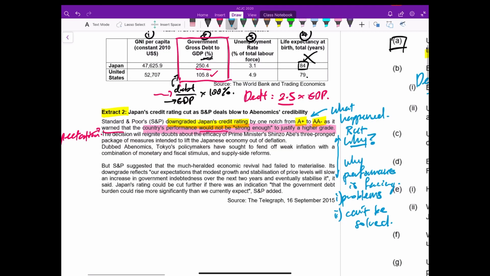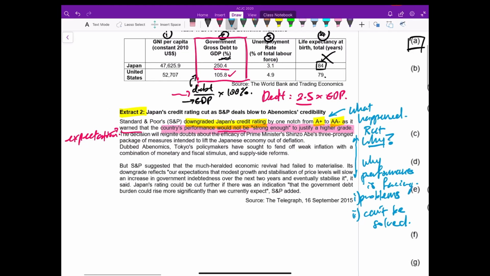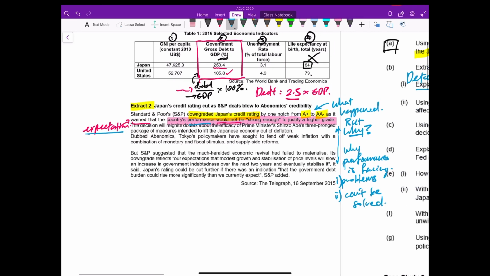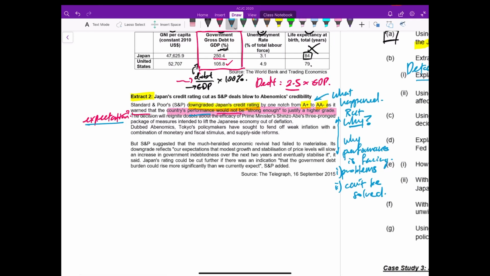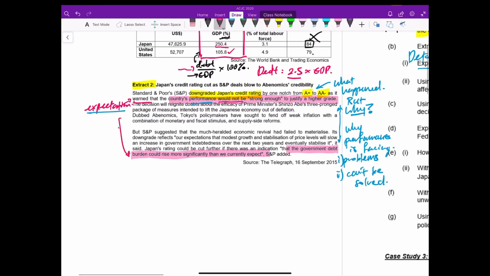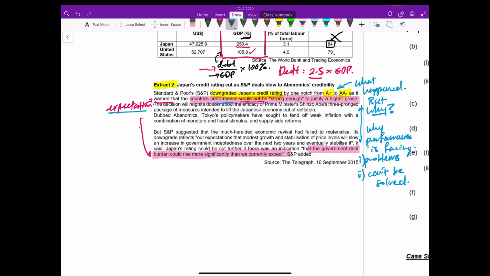And it ties back down to the performance, or the expectation of the performance. So because you cannot overcome the problems that you are facing, I expect that you'll do badly, right? And then in the final sentence, again they reiterate an indication that the Japanese government debt burden could rise more significantly than we currently expect. So again, this is another expectation of the country's performance.